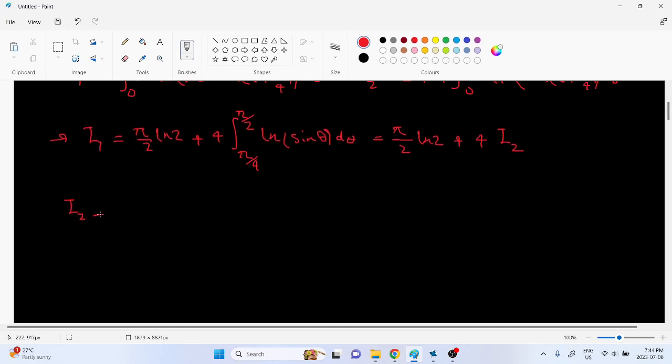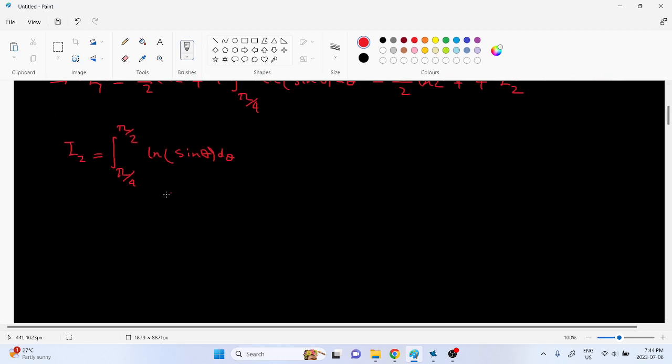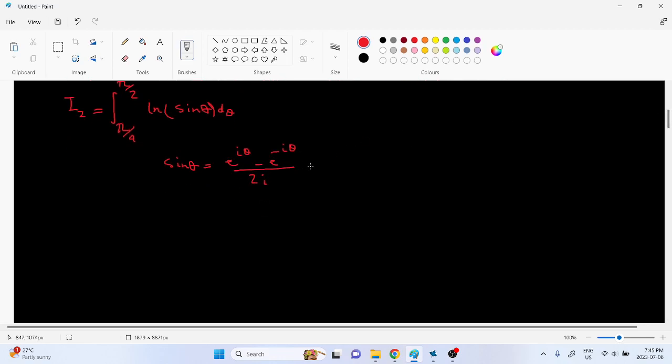So now we're going to focus on I2, which is the integral from pi by 4 to pi by 2 of the natural log of sine theta d theta. And here I'm going to use Euler's formula for sine theta, which is e to the i theta minus e to the negative i theta divided by 2i, which after you multiply the top and bottom by e to the negative i theta, you get 1 minus e to the negative 2i theta divided by 2i e to the negative i theta.